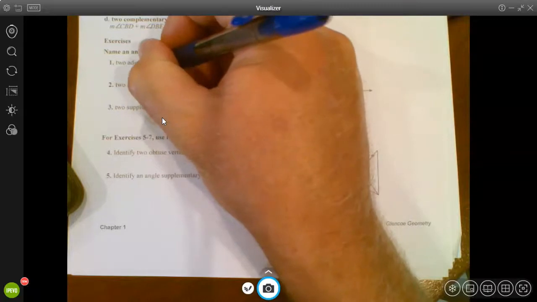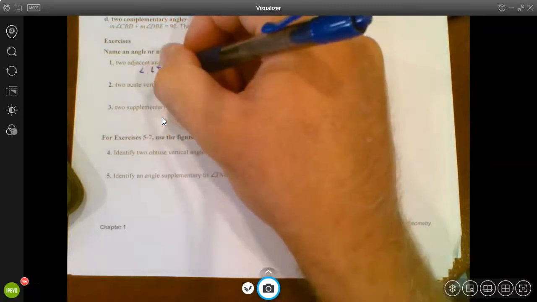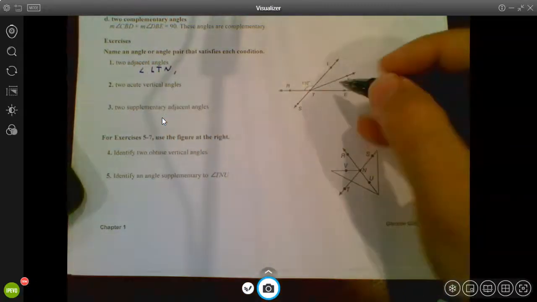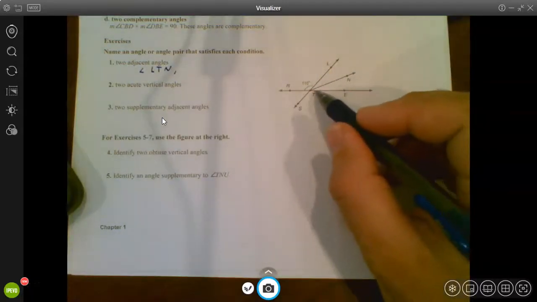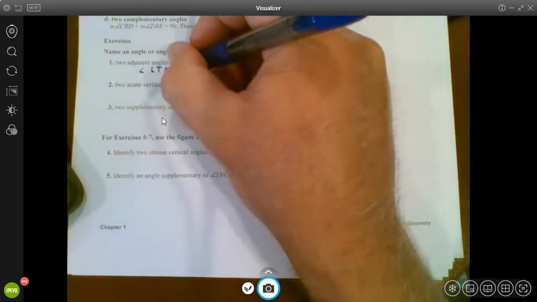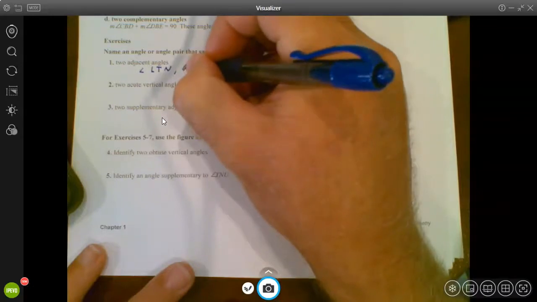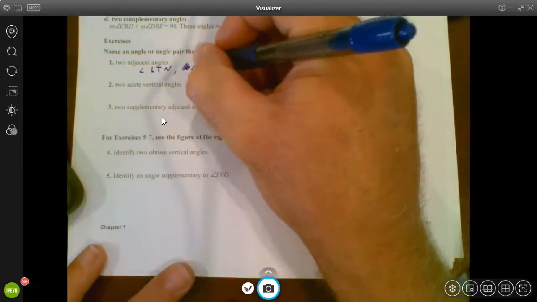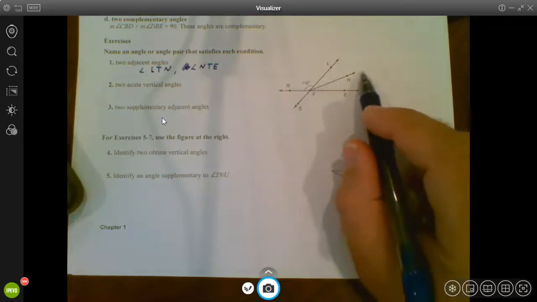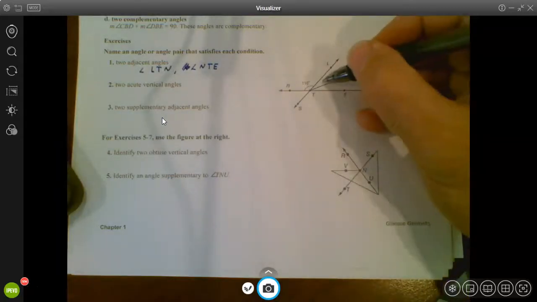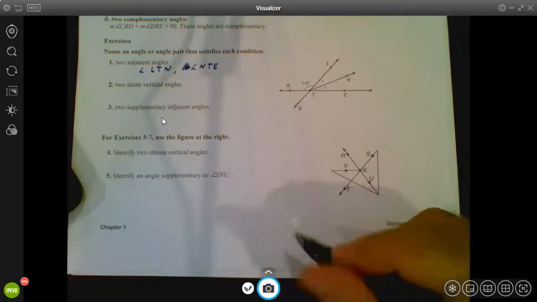This angle would be adjacent to angle NTE. That was just one example of adjacent angles. They share this ray as their common side, so that makes these two angles adjacent angles.